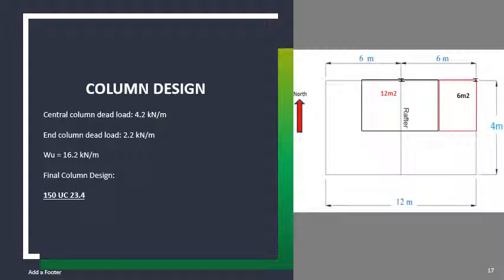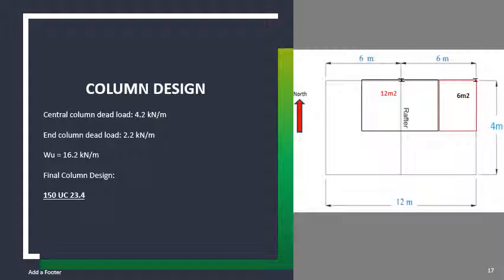These values were 4.2 kilonewtons per meter for the central column and 2.2 kilonewtons per meter for the end column. The wind load was also calculated to find the maximum moment force being 16.2 kilonewtons per meter.